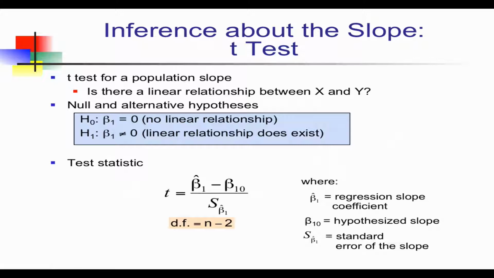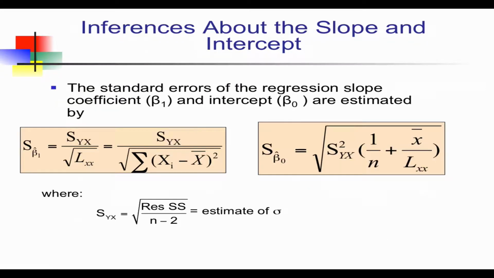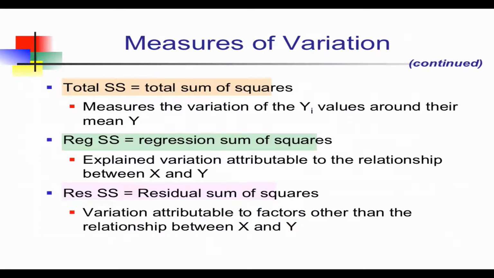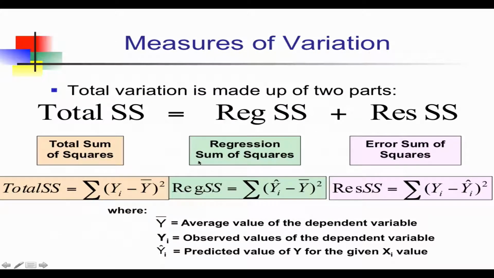You can see that more clearly from here. You have the total sum of squares, regression sum of squares, and residual sum of squares. So you decompose the total sum of squares into the two components. And like we talked about in analysis of variance, you can also do that for the degrees of freedom.